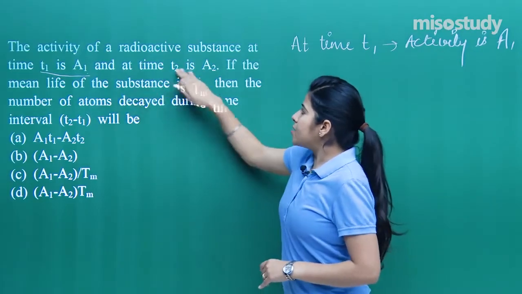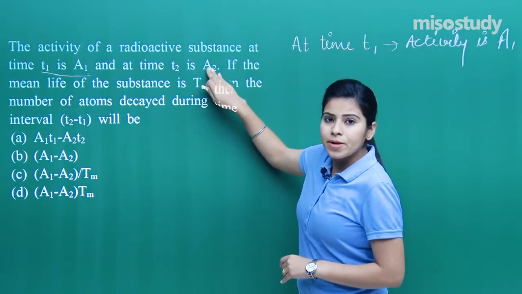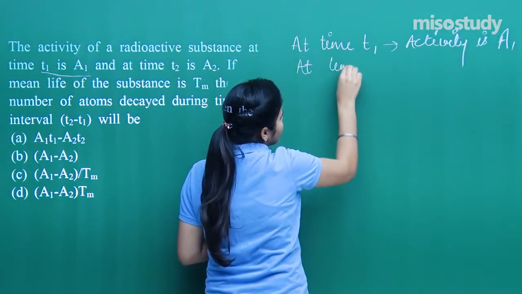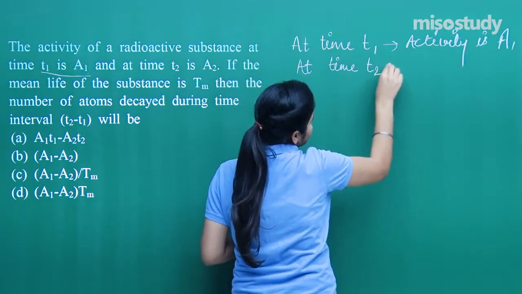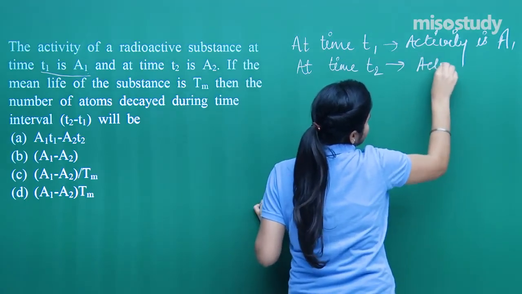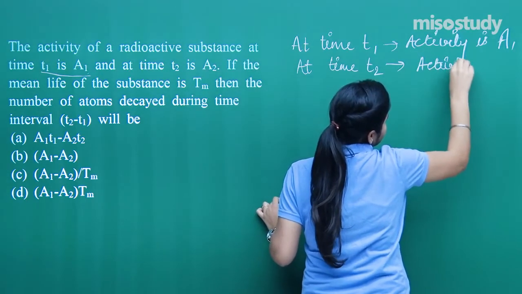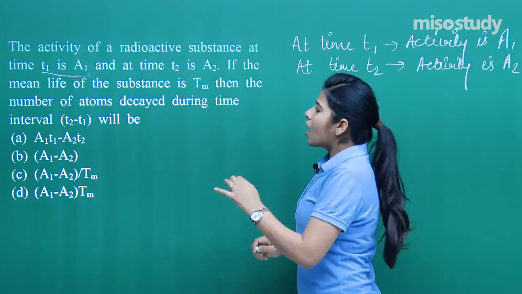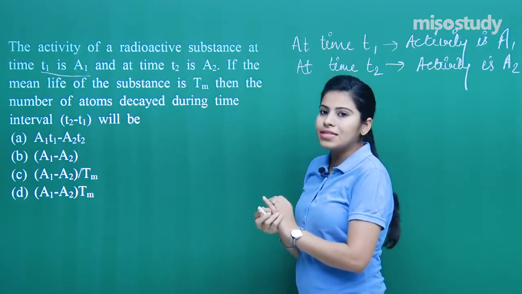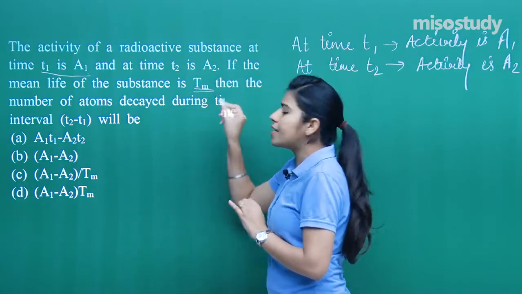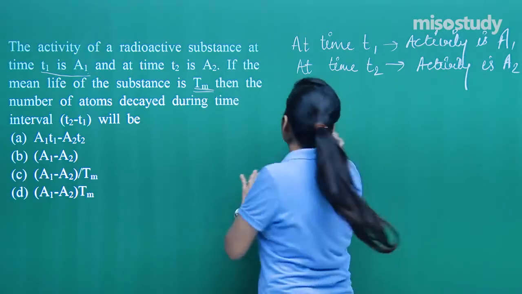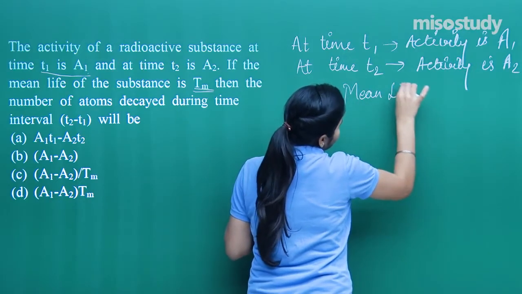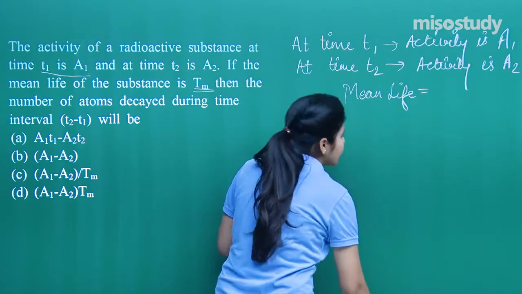Now at time t2 the activity becomes A2. So we will write it as at time t2 the activity is A2. The mean life of the substance has been given as Tm. Let me write over here, the mean life is Tm.